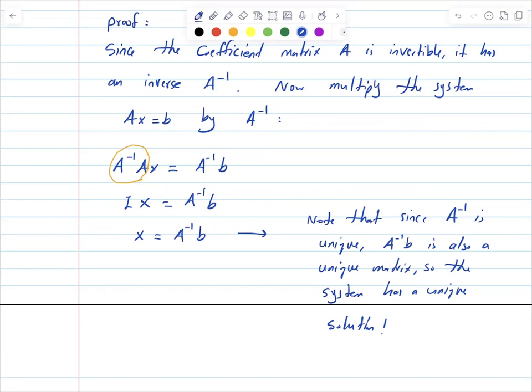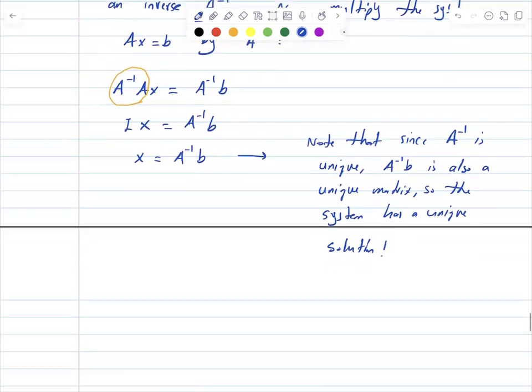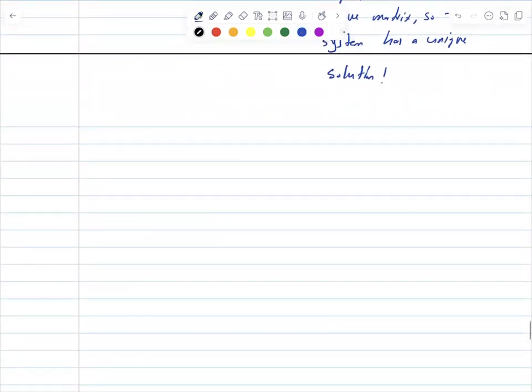Practice a little bit. For this question, I want to find values for X such that the matrix is equal to its own inverse.